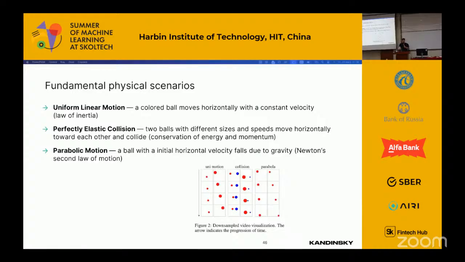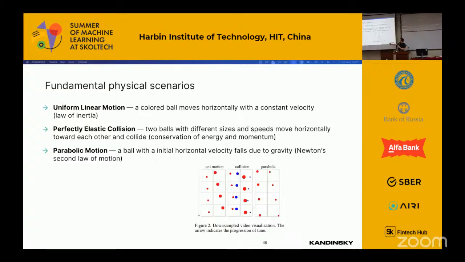They simulate 3 scenarios: linear motion, collision of 2 balls, of 2 objects, and parabolic motion. What does it mean? It means that you throw, for example, a ball, and the ball goes down under gravity. Yeah, so the parabola, something like that. You can see the parabola here.